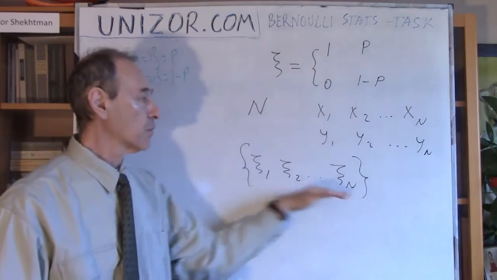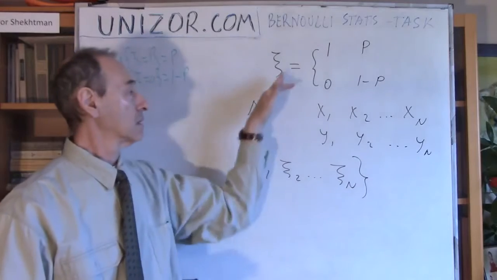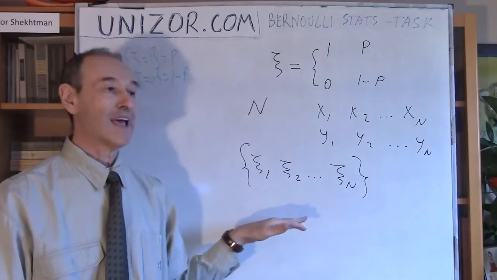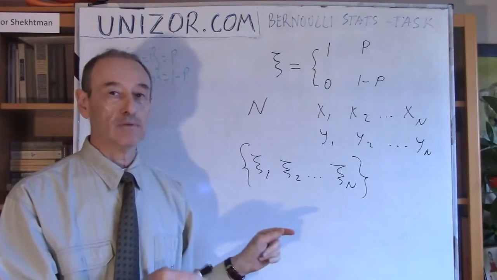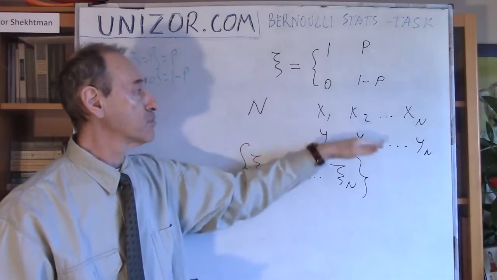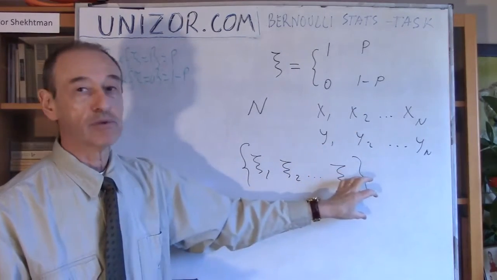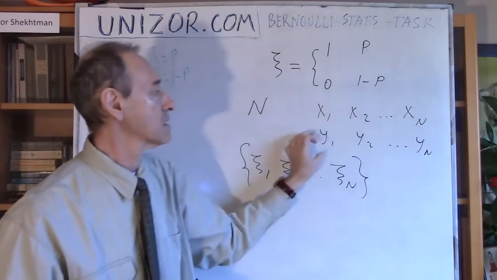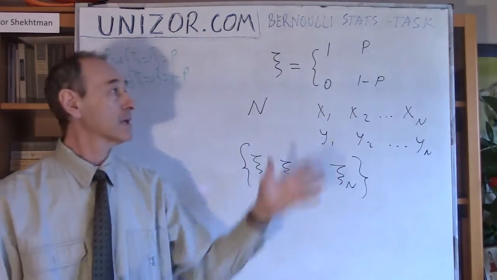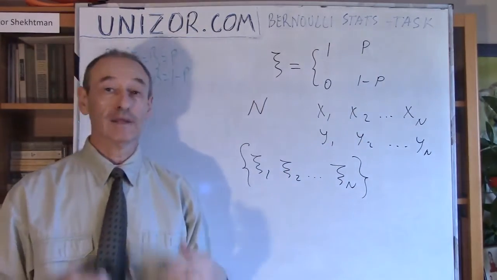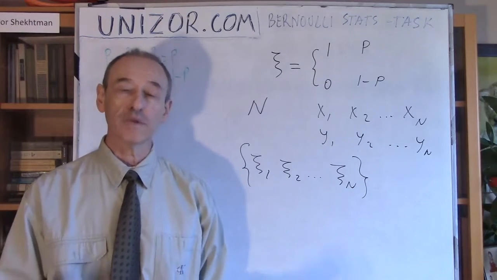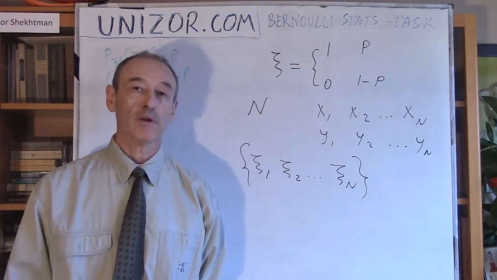So we are dealing with n random variables, and based on these n variables, regardless of which value this series of n random variables takes, this or this, we would like to make an evaluation of this p, and the evaluation must be good, otherwise the whole thing is not really working.